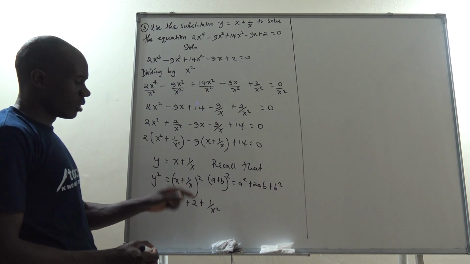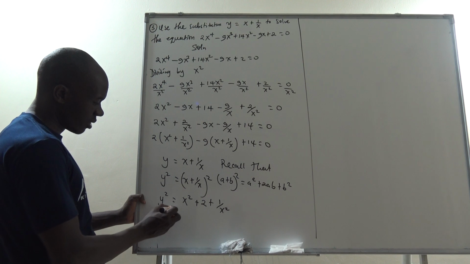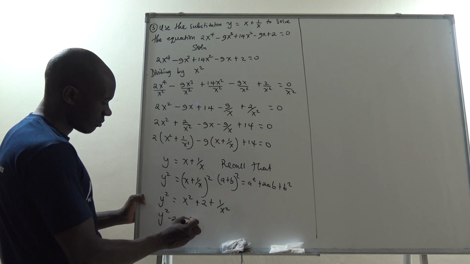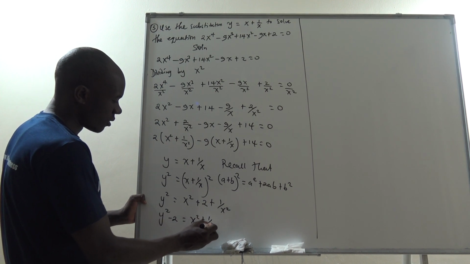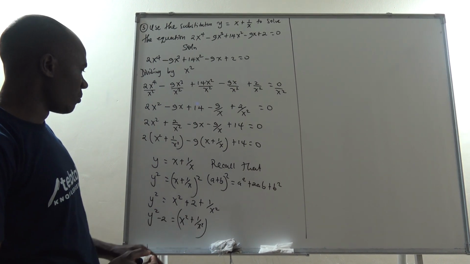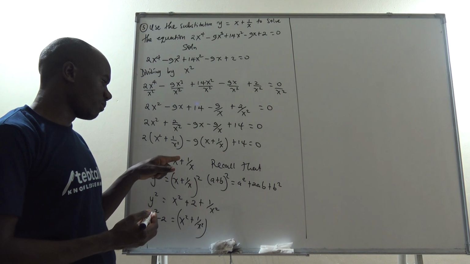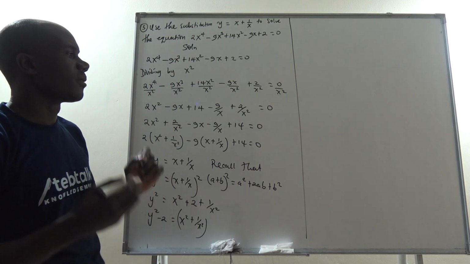Making x squared plus 1 over x squared the subject, we are going to have y squared minus 2 is the same as x squared plus 1 over x squared. So where I see x squared plus 1 over x squared, I'm going to put in y squared minus 2. And where I see x plus 1 over x, I'm going to put in a y.